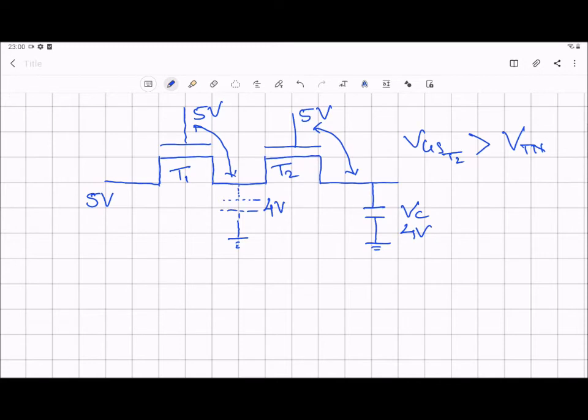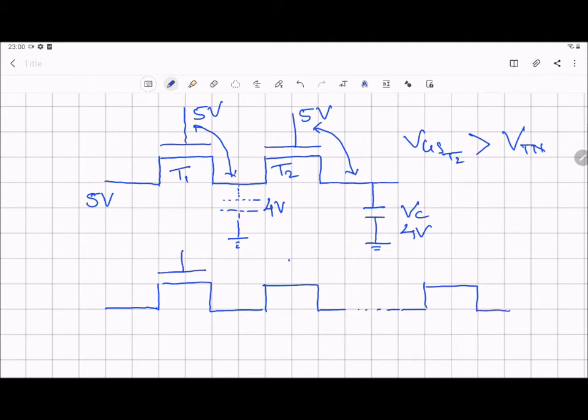So we can conclude that if we connect n number of transistors in this fashion, we will have one drop of Vt at the final output.